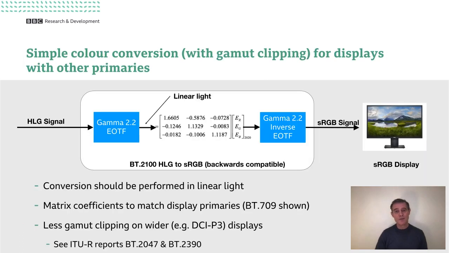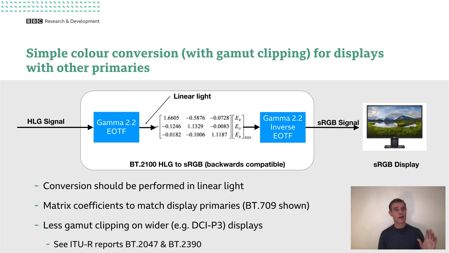Now, if you don't have a 2020 color gamut display, you can actually do a straightforward color conversion to, in this example, BT709 or sRGB. So you take the HLG signal, you then apply a gamma 2.2 EOTF to give you a linear light signal.